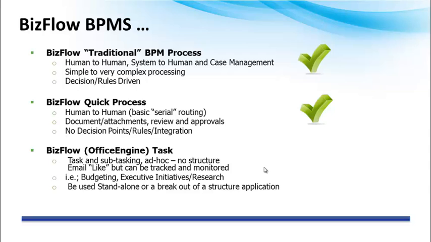The last type of tool that BizFlow has to offer solves yet another type of process problem, and this tool is called BizFlow Task, and it was formerly called BizFlow Office Engine, so you'll see reference to that in the software in various places. But BizFlow Task is a lot like email.